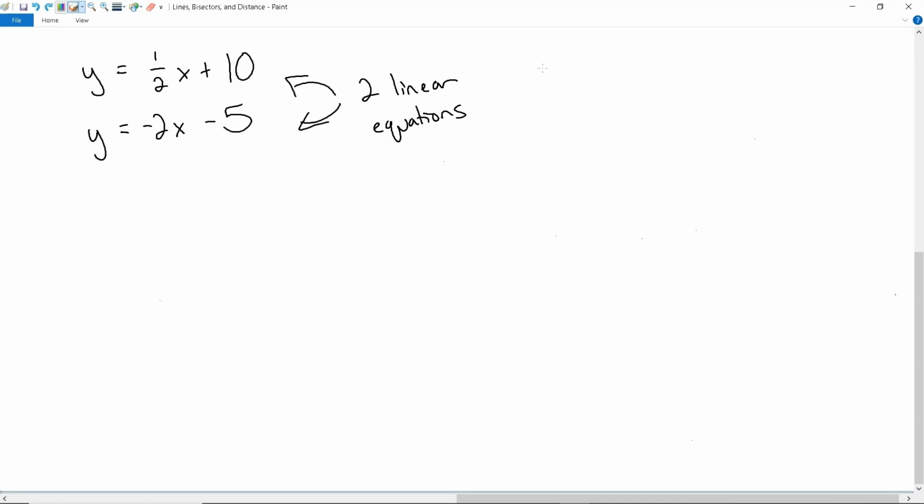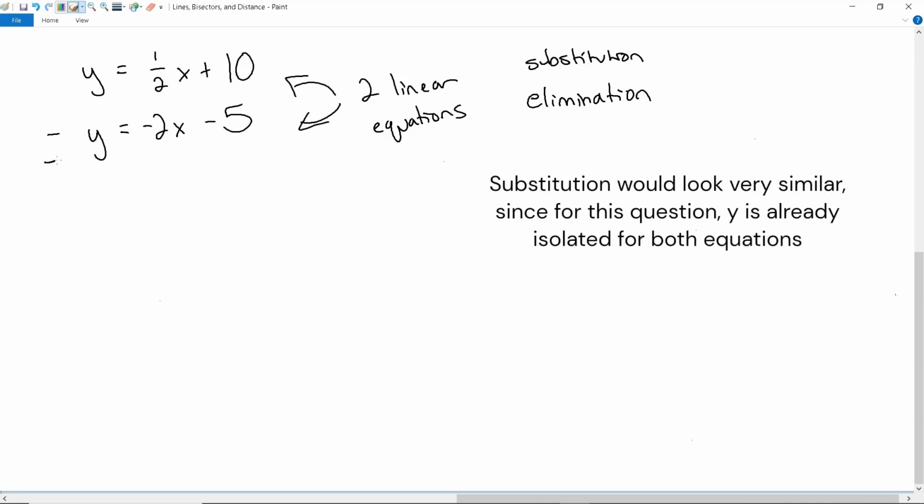We could do substitution, where we basically set one variable from one equation equal to that variable in another equation, solve for that value, and then figure out what our point is. Or we could do elimination to eliminate one of the variables. So I'm going to go with elimination because it'll be a bit faster.